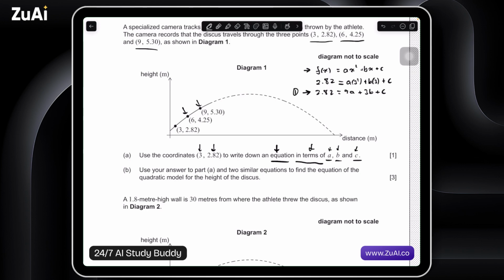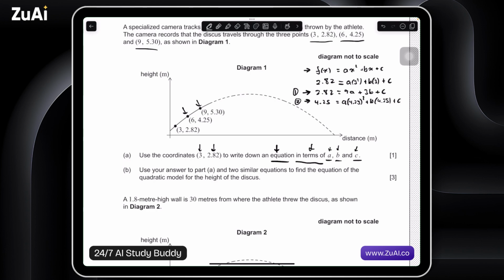Substitute these values. We know the height is 4.25, equals a times 4.25 squared plus b times 4.25 plus c.